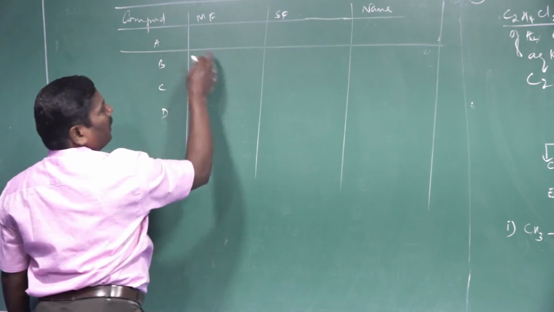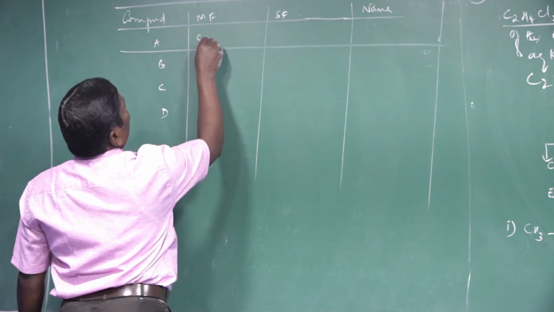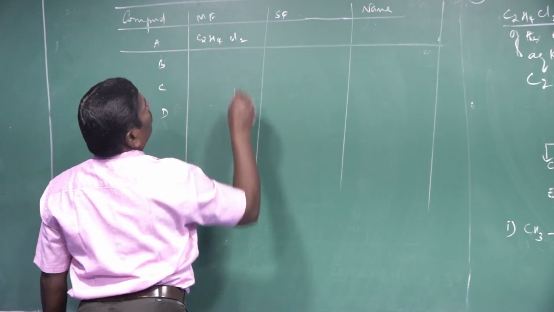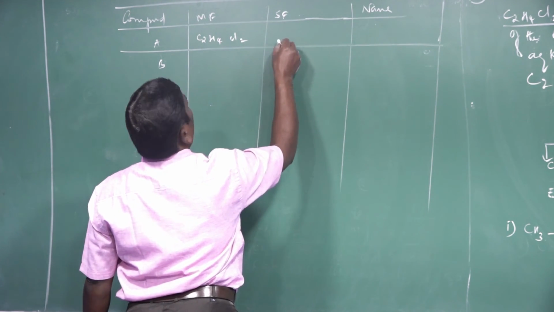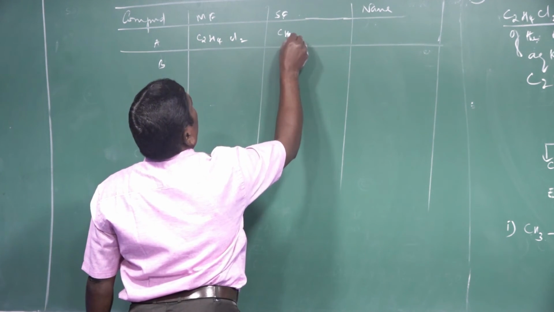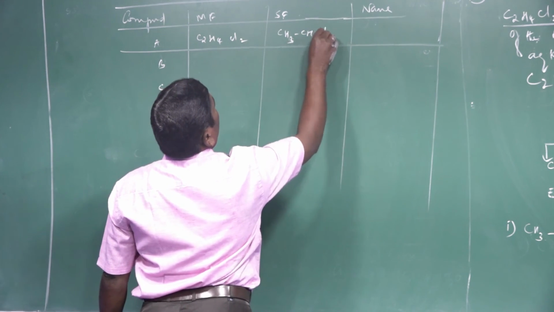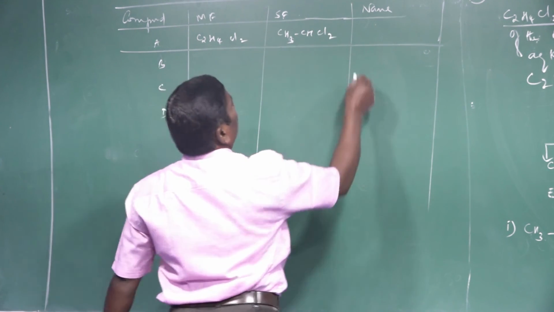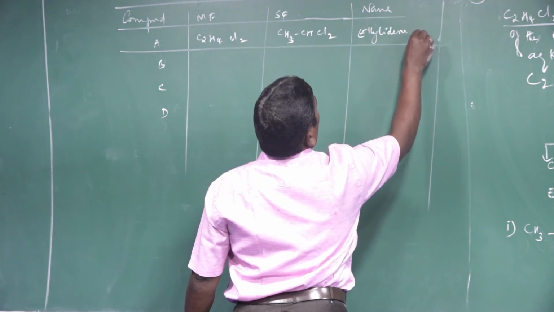Now you write compound A, given as C2H4Cl2, and its structural formula is CH3CHCl2, name is ethylidene chloride.